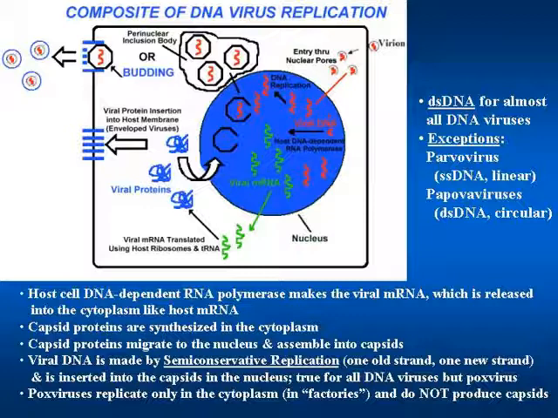At the same time, the nucleic acid of the virus, depending on the DNA polymerase, synthesizes new copies of the viral genome. After that follows the process of morphogenesis, assembly, and release from the infected cell by a process of budding.